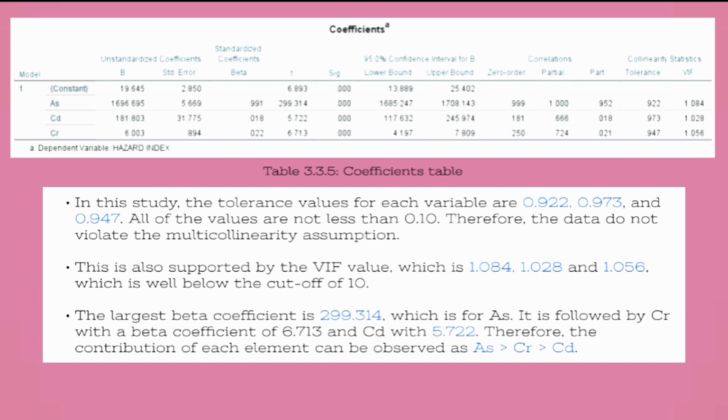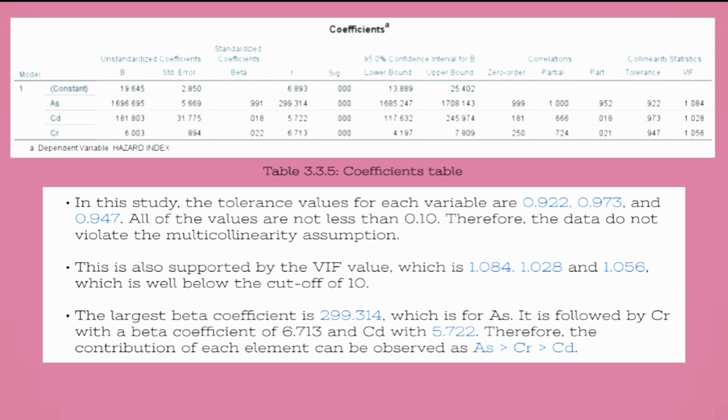In this study, the tolerance values for each variable are 0.922, 0.973, and 0.947. All of the values are not less than 0.10. Therefore, the data do not violate the multicollinearity assumption. This is also supported by the VIF values, which are 1.084, 1.028, and 1.056, well below the cutoff of 10.